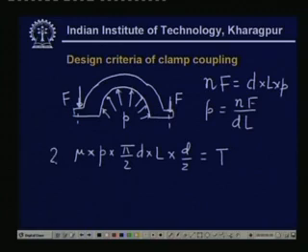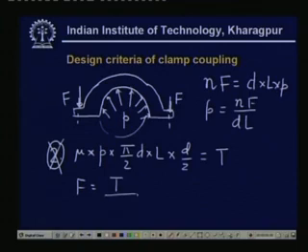So, you will have to use a factor of 2, because there is another half slip appearing on this side. But in order to have a safe design, we neglect this 2, because we assume that half of the bolts carry the load, and that is a safe design.